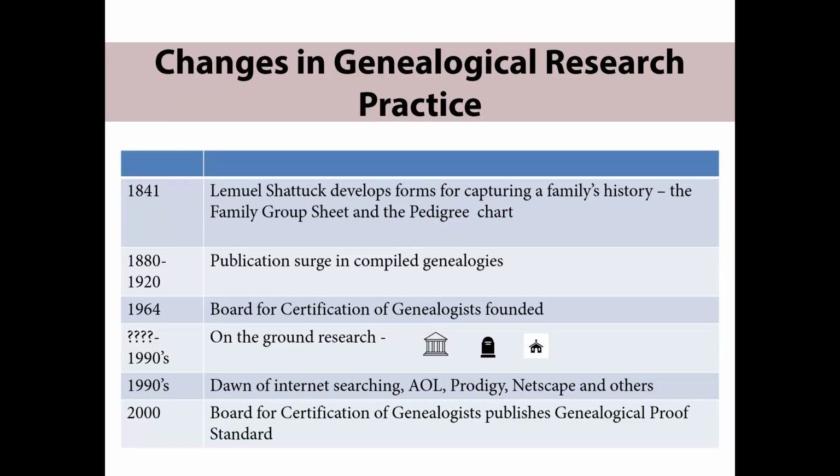In 1880, there was then a huge surge in the publication of compiled genealogies, both as standalone family histories and also as county and town histories. That was when a lot of counties were being asked, as part of President Grant's proclamation, to create these county histories to celebrate their history.